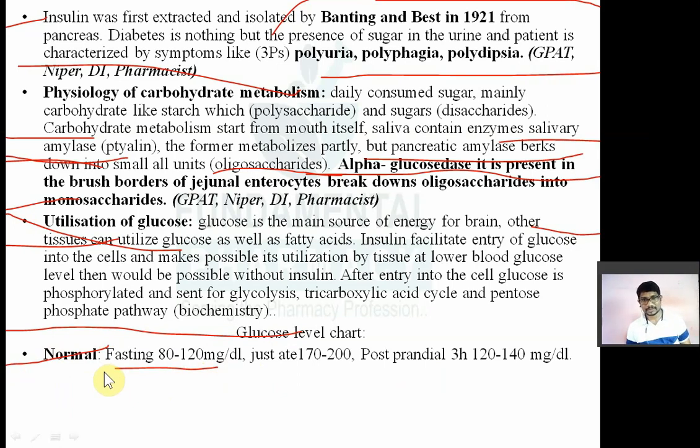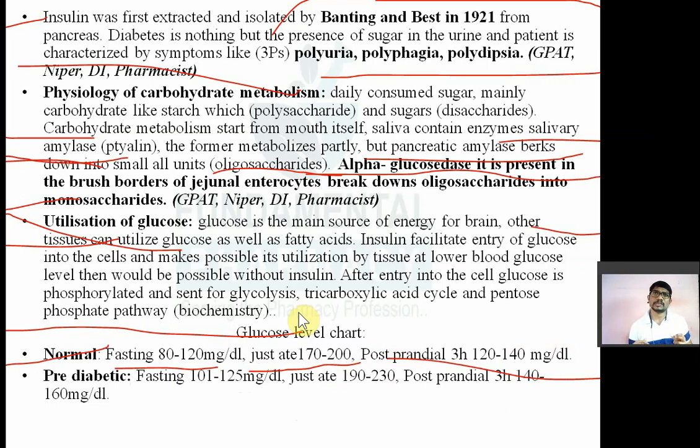Just after eating, the blood glucose level is 170 to 200 milligram per deciliter. Postprandial means 3 hours after a meal, and it is 120 to 140 milligram per deciliter. That is the normal blood glucose level of an individual.